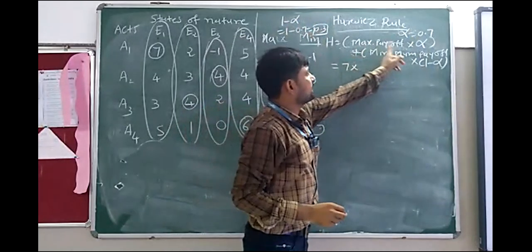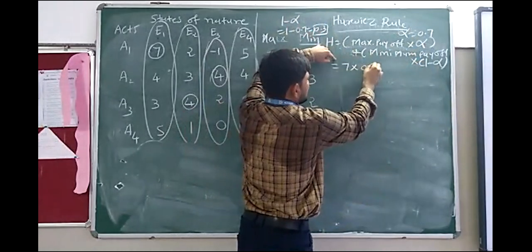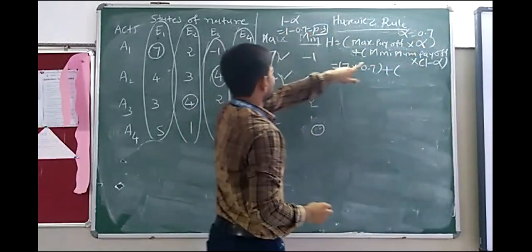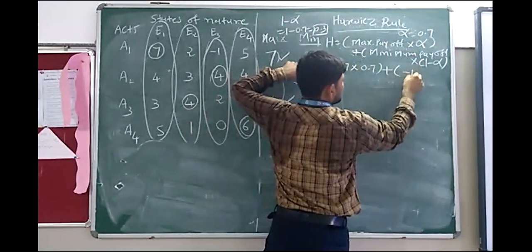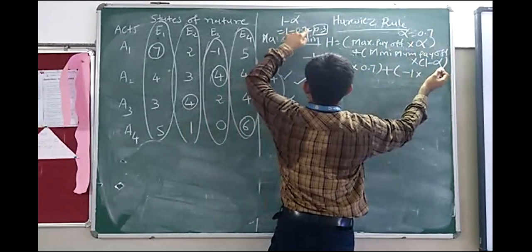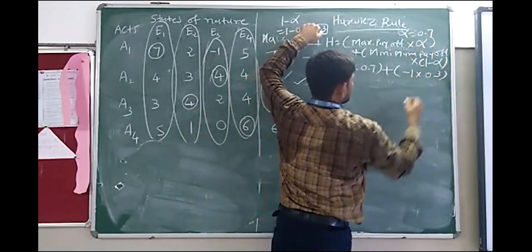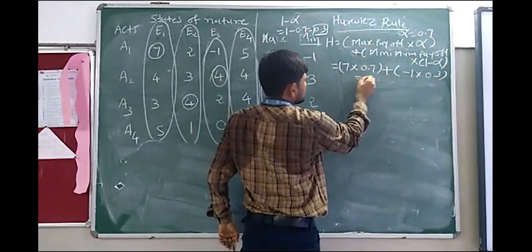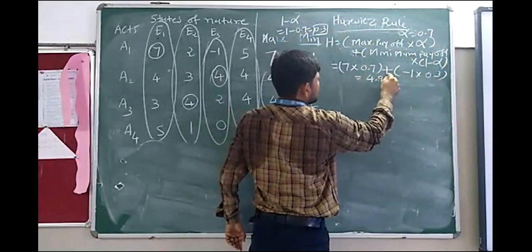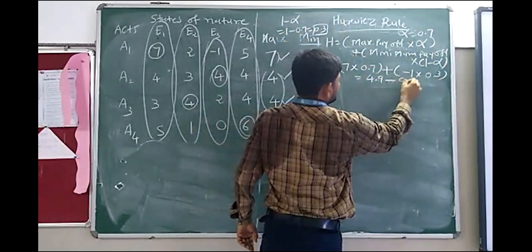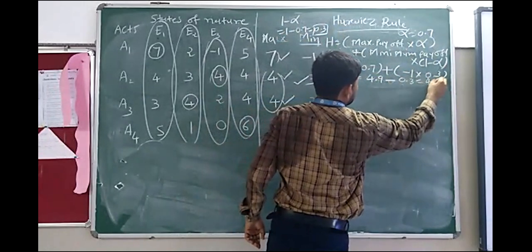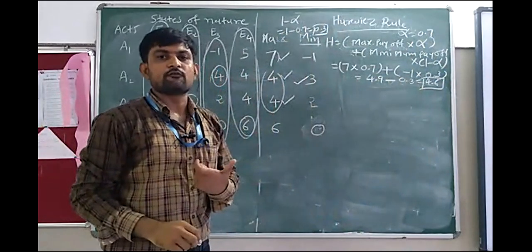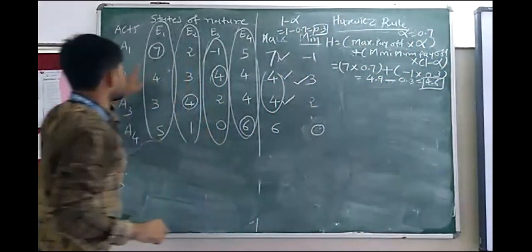So maximum payoff into alpha, where alpha is 0.7, plus minimum is -1 into 1 minus alpha, that is 0.3. Finally, we'll get the answer 4.9 minus 0.3. So 4.6. This is the weighted average profit for the first act, A1.